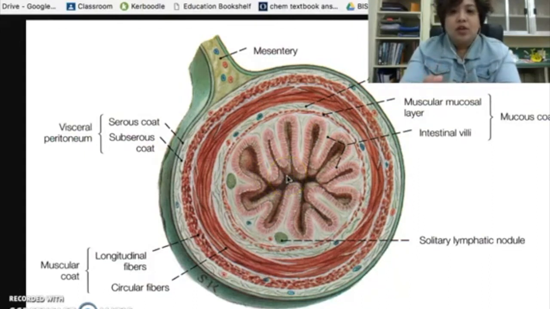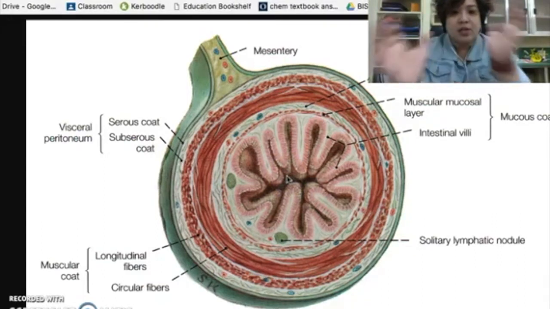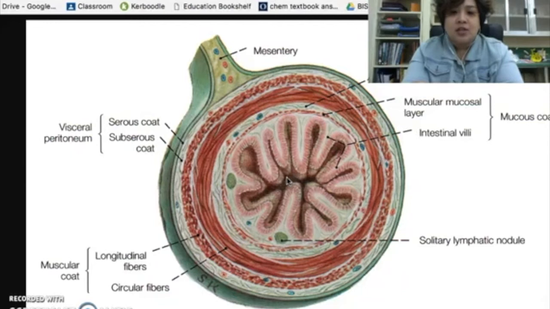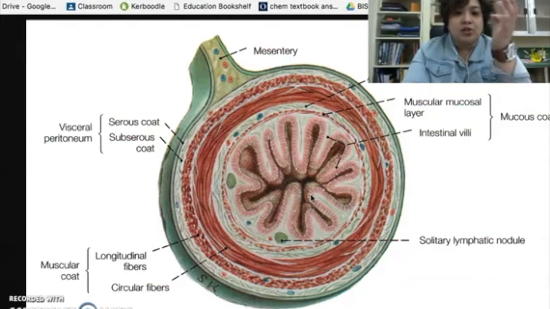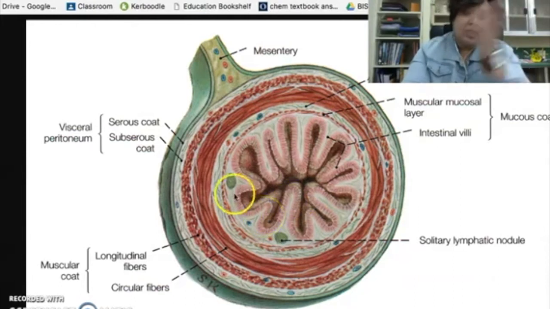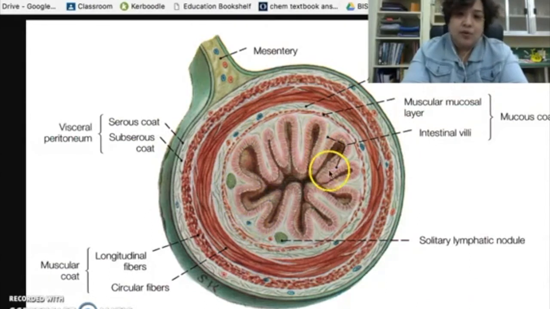you need to know the different layers of the structure of your intestine from inside to outside. So the different tissue layers here are your mucosa, submucosa, your muscularis, and your serosa. So from here to here, all of those villi is your mucosa layer or mucous coat.